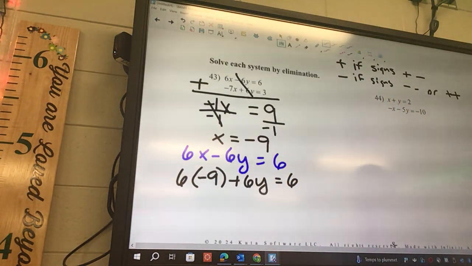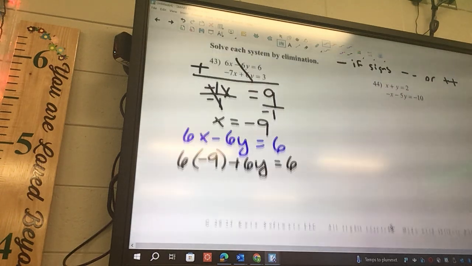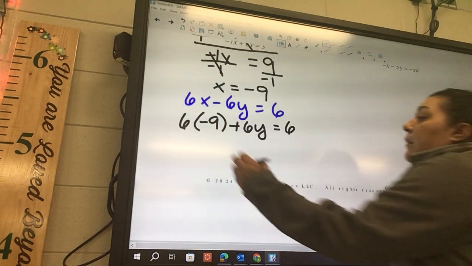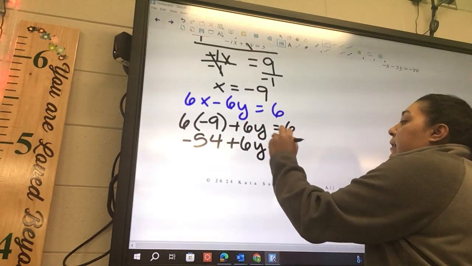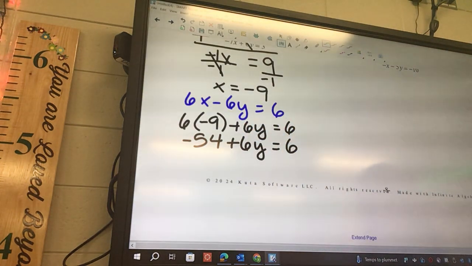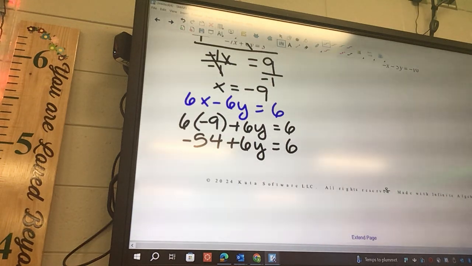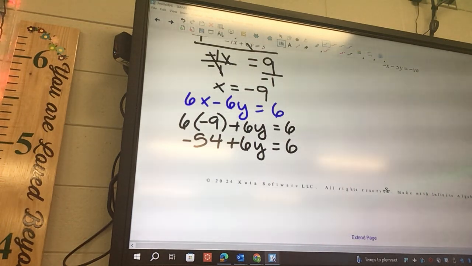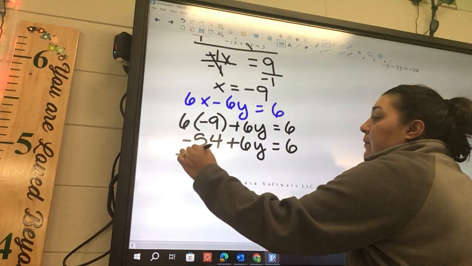And I'm doing this the really long way, but that way you have the step-by-step when you take your final. Okay? So 6 times negative 9? Negative 54 plus 6y equals 6. Then what? We're going to add 54 on both sides.